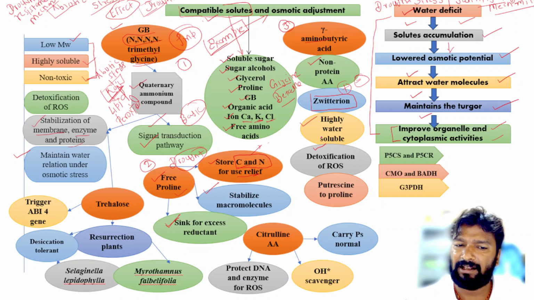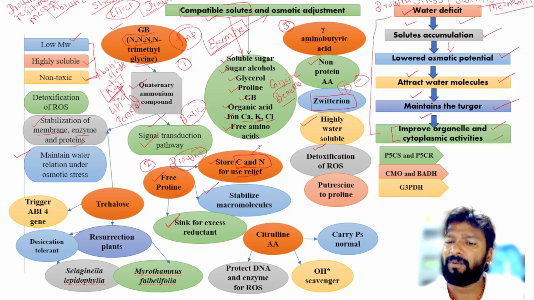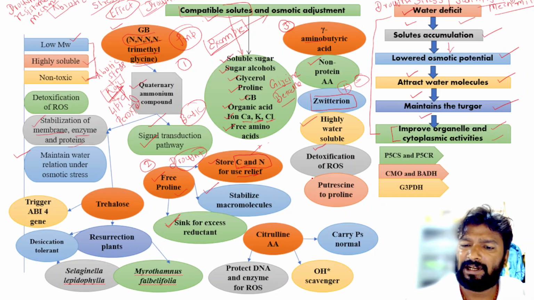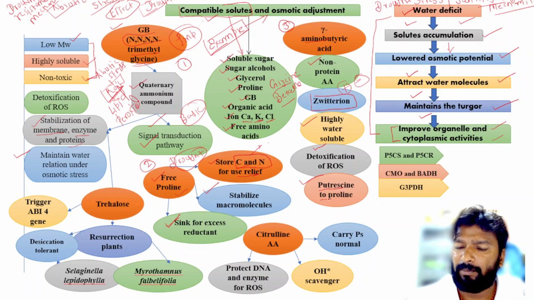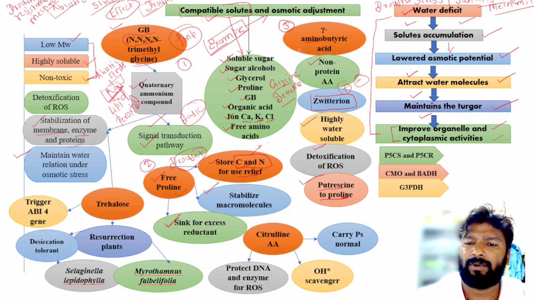So it maintains the stabilization of membrane. Also it is involved in the conversion of putrescine to proline. So this is the important function of gamma aminobutyric acid, that is known as GABA.